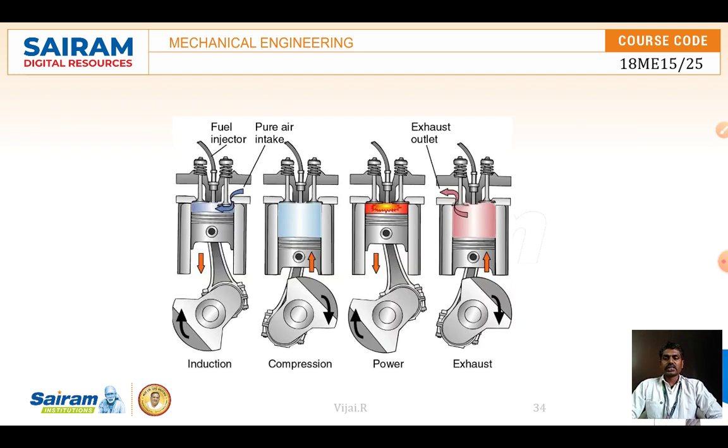Now we can see the four different strokes in the four-stroke engine. First one is the suction stroke. In the case of the four-stroke petrol engine and the four-stroke diesel engine, the difference we have to show is the fuel injector instead of the spark plug. At the center we can see this fuel injector.